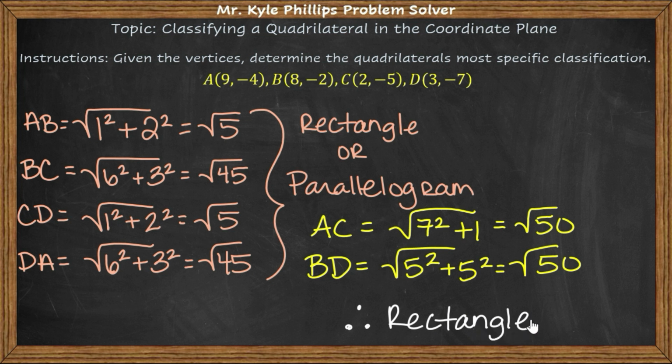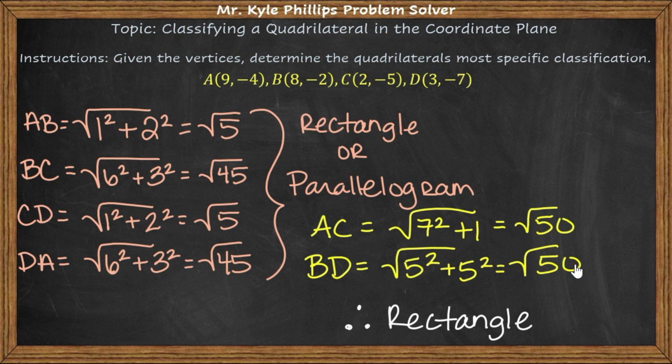Now, in the assignment, or normally when you justify this, you need to give all the reasons. We know for a fact this is a rectangle because we have opposite sides that are congruent and our diagonals are congruent. If I wanted to justify a parallelogram, I would say opposite sides are congruent and the diagonals are not congruent. So that would be my justification.